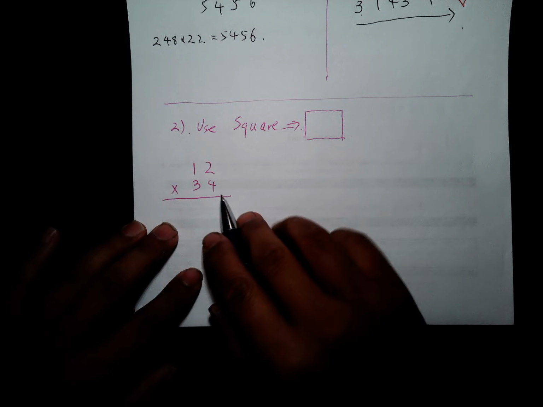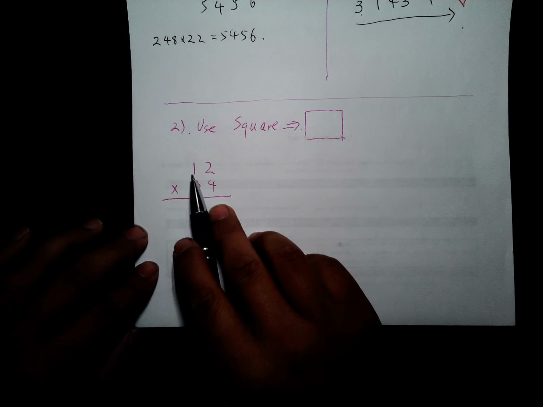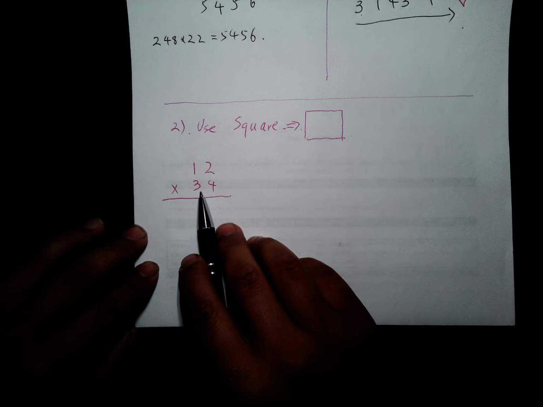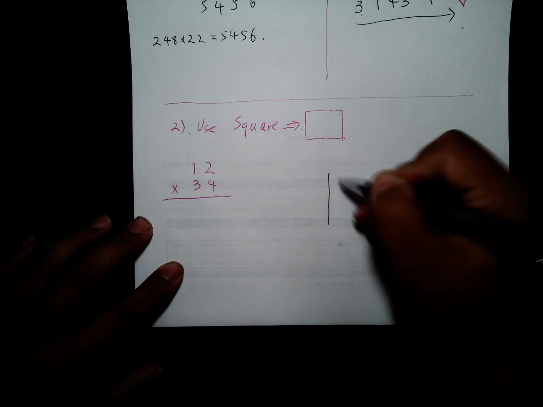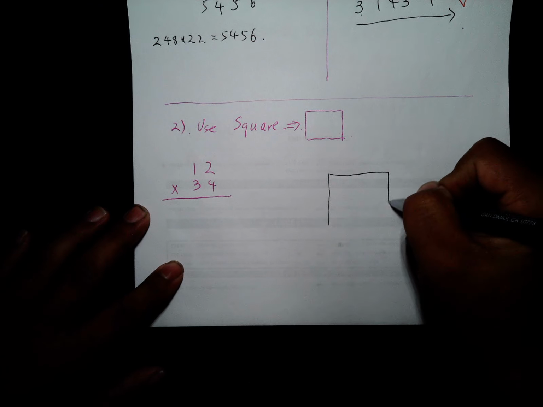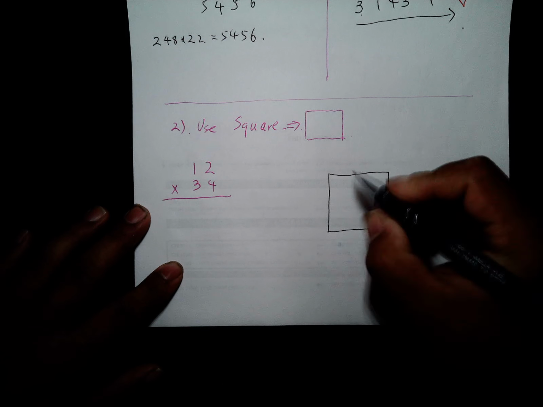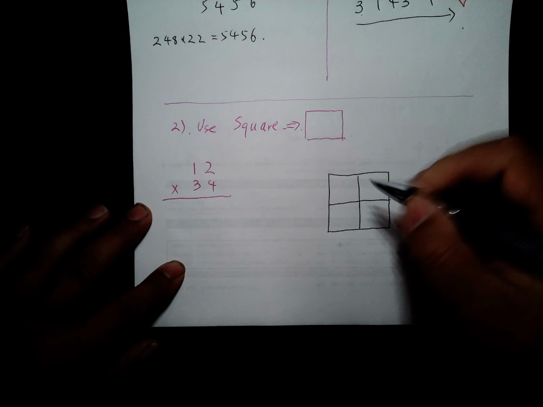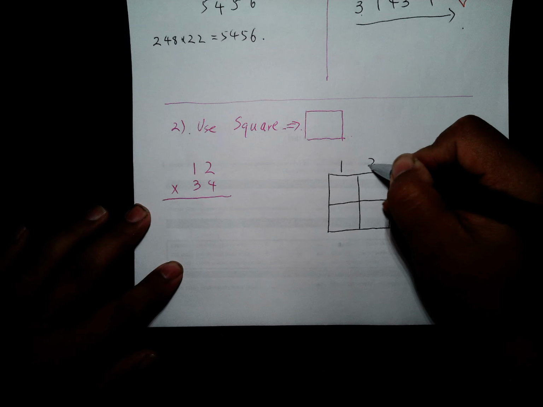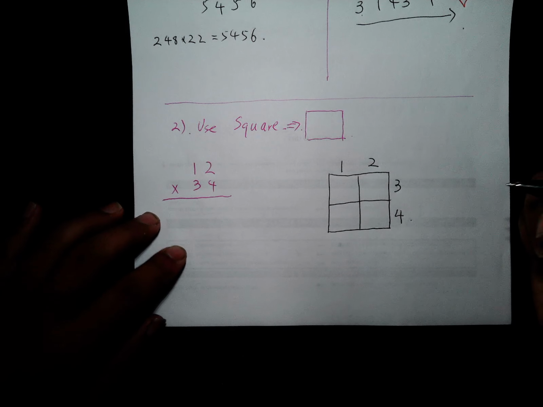When you see a question that is 2 by 2 or 4 by 4, you just write down the square, like this one: 1, 2, 3, and 4.